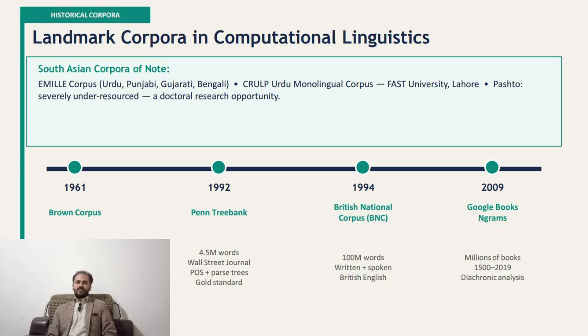The Urdu monolingual corpus was developed by FAST University, Lahore. It is one of the most significant resources for computational work on Urdu. For Pashto, the resources are even more limited, which is itself a research problem that some of you may find worth investigating in your doctoral research.